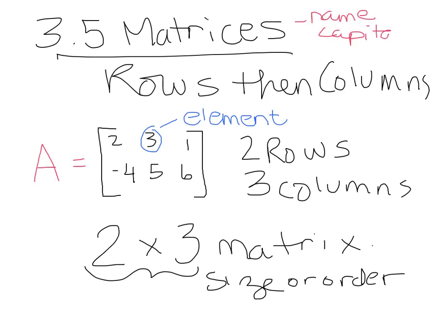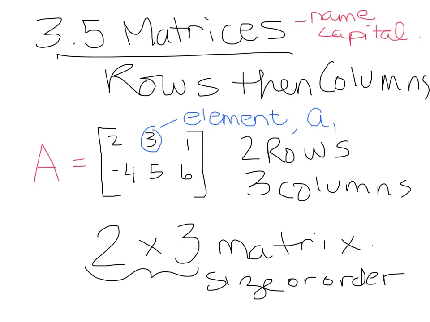So we use capital letters to name the matrix itself, and then we're going to use lowercase letters to name the elements. So this element 3 is going to have a name little a, but we have to say which element it is. So we're going to tell you which row and then which column it's in. It is in the first row, so there's the 1 for first row.